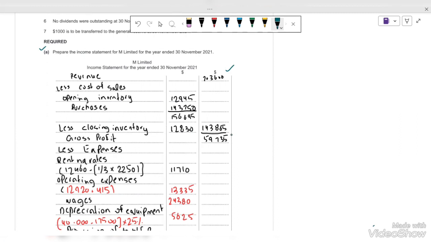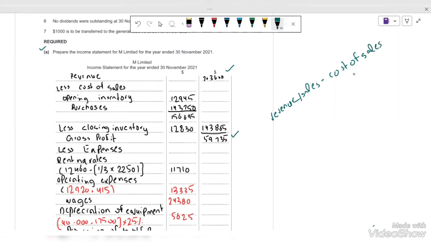After that we have our gross profit, because we know that revenue, or sales, minus cost of sales, or cost of goods sold.